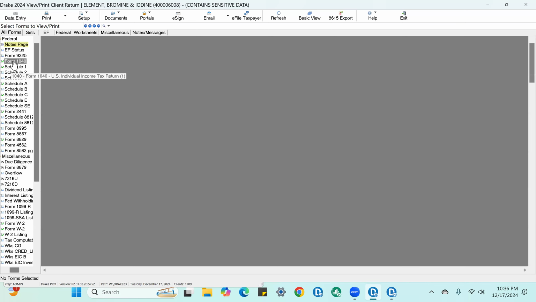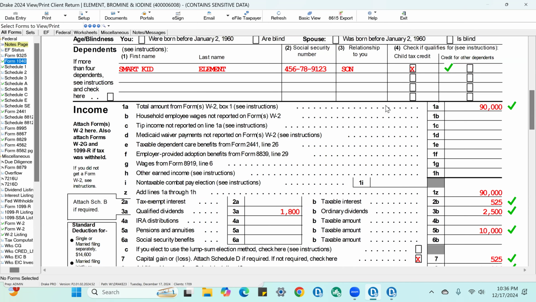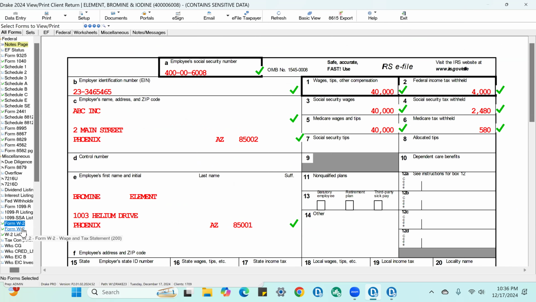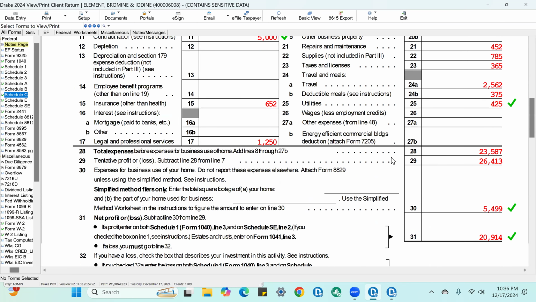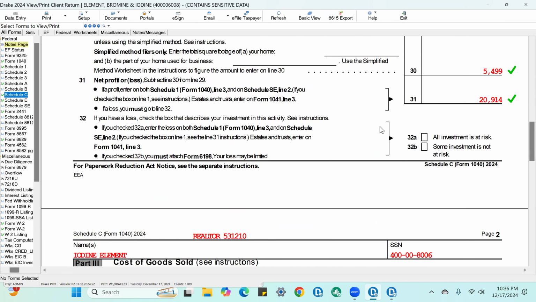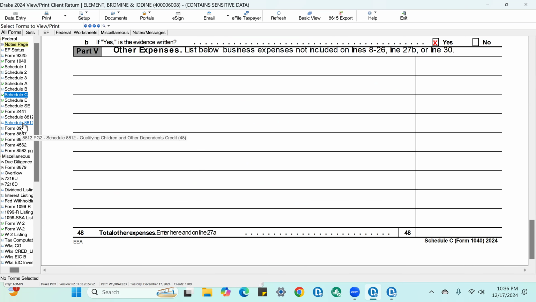With that, I'm going to summarize what we learned today. This is a couple who have W2 each person. And also on the side, the spouse has a part-time realtor business. And they also use their home office as the way they run a business.